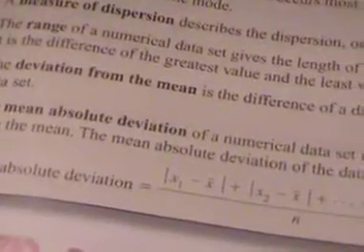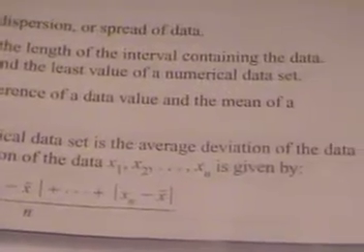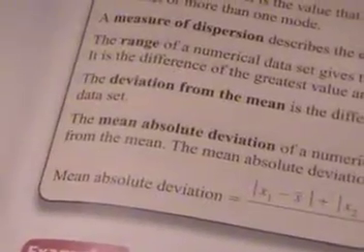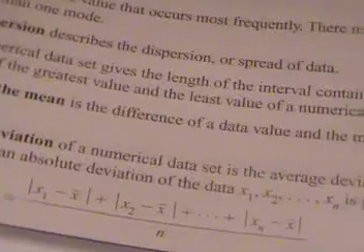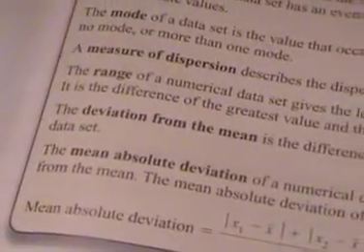And the mean absolute deviation is the difference of the data value and the mean of the data set, using the absolute value.